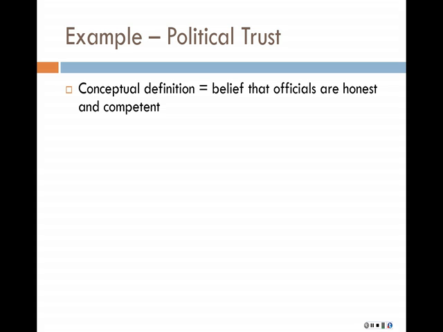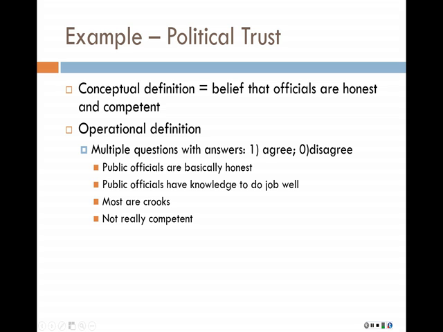Operationally, we're going to have multiple questions with answers of 1 if you agree or 0 if you disagree. As a respondent, you're asked, are public officials basically honest? If you agree, we'll code that a 1. If you disagree, we'll code that a 0. The second question: public officials have the knowledge to do their job well. Do you agree or disagree? Most are crooks.